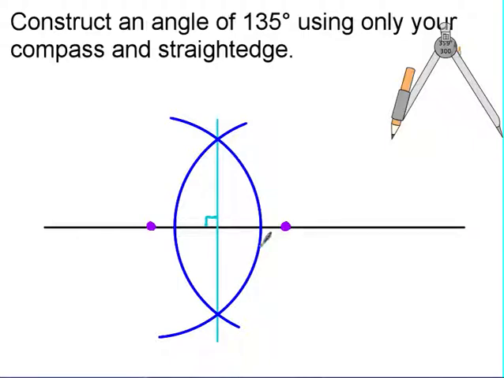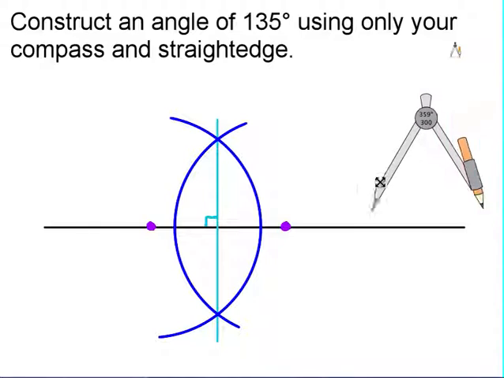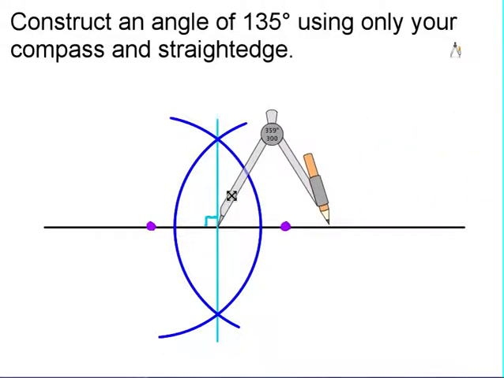So now how do you think I can get 135? Right, I'm actually going to bisect this 90-degree angle on the right. That's why I didn't mark it with a 90-degree angle. So remember how we bisect. I'm going to start with an arc, starting here at this point.